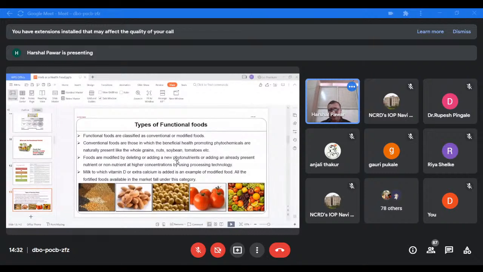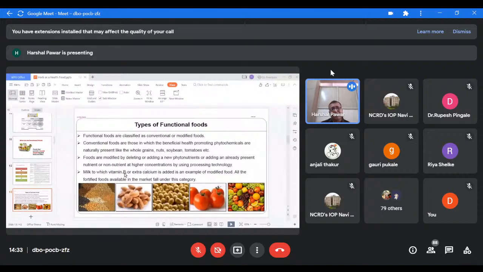So here, to some extent, a very little processing is required so that you can increase the quality of the existing food component or food material, maybe in terms of the nutritional components. Right, so from outside, sometimes you are adding some of the vitamins or minerals, right? So you are fortifying the existing food material, right? So these are called modified foods, and they are also forming a part of your functional food, right?